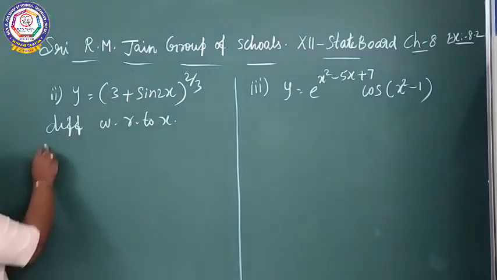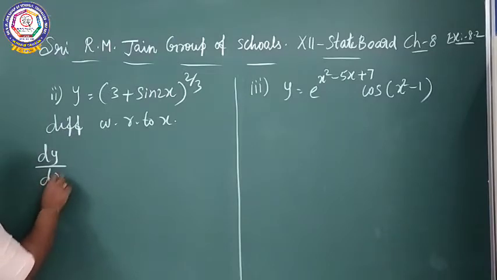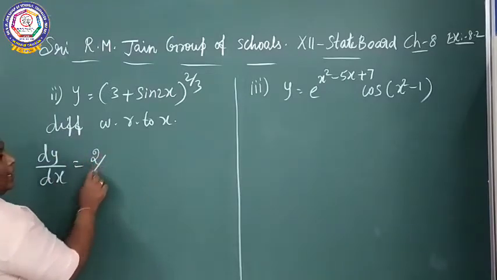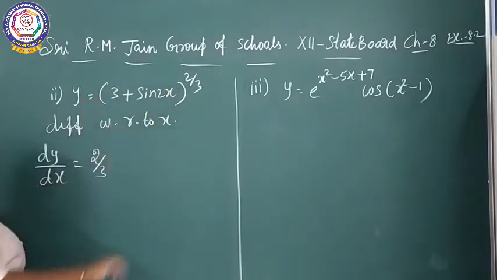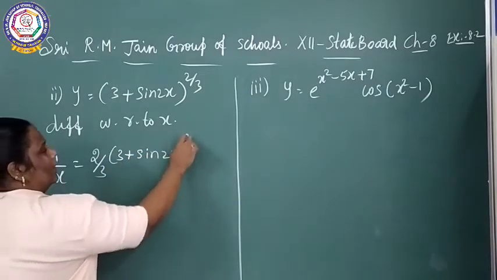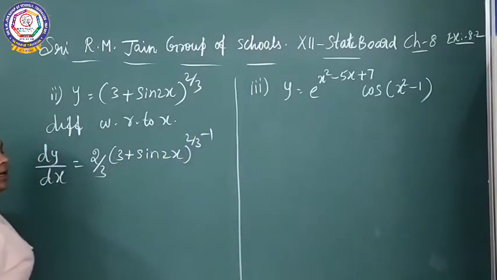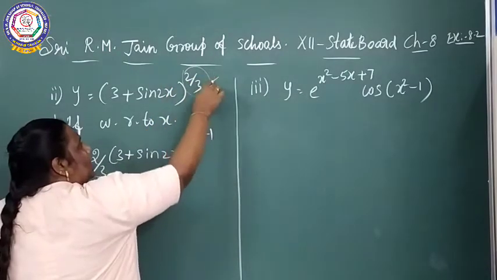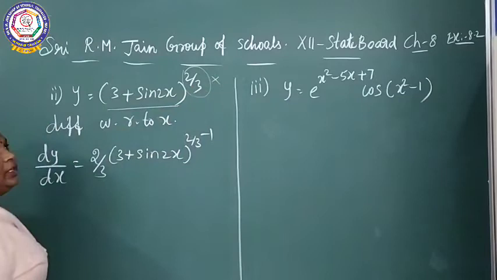So, dy by dx equal to n into x power n minus 1, taking the whole term as x. Then the power is over, then you can concentrate on this.